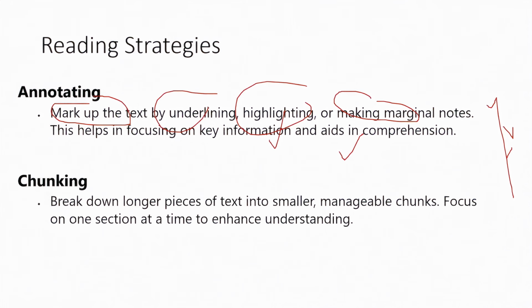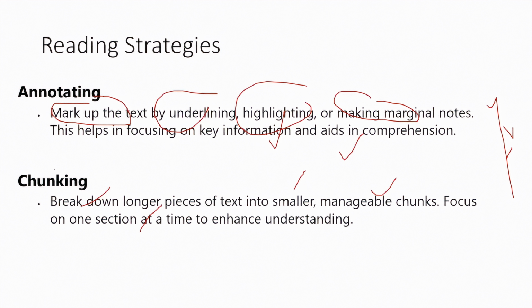Next one is chunking. Chunk means part. Break down longer pieces of text into smaller, manageable chunks. Focus on one section at a time to enhance understanding. So you read in chunks instead of reading the text thoroughly. You take different parts.